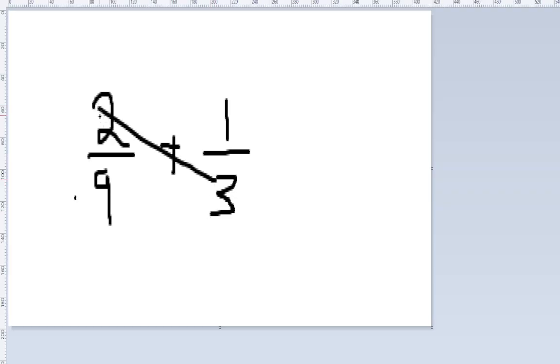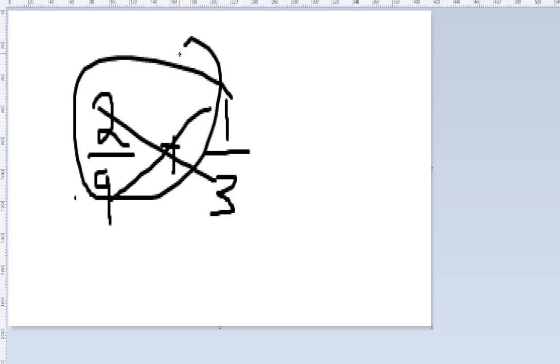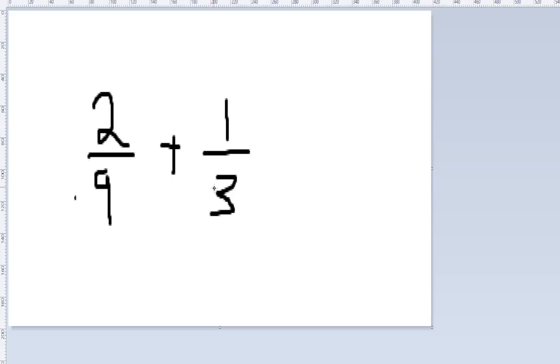But there's another variation. For instance, if I want to add 2 over 9 plus 1 over 3, I can say, well, I can cross multiply. In this case, it's not too bad. It's pretty easy. But I can also say, wait a minute, 3 easily turns into a 9. All I have to do is multiply by 3. Then it becomes a 9. But I'm not allowed to do that to just the bottom.